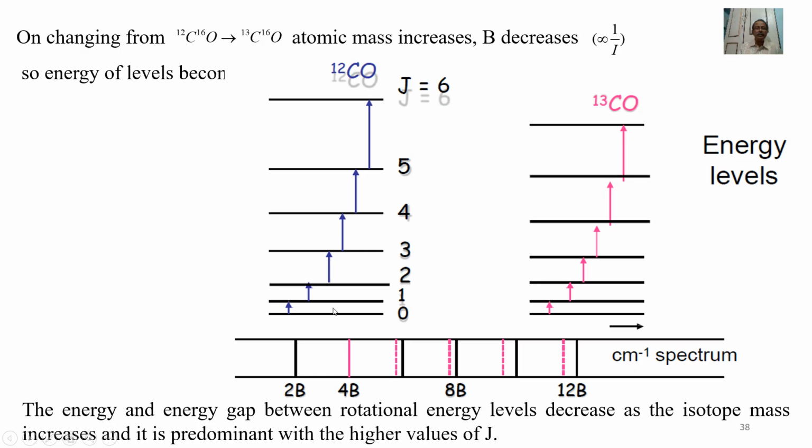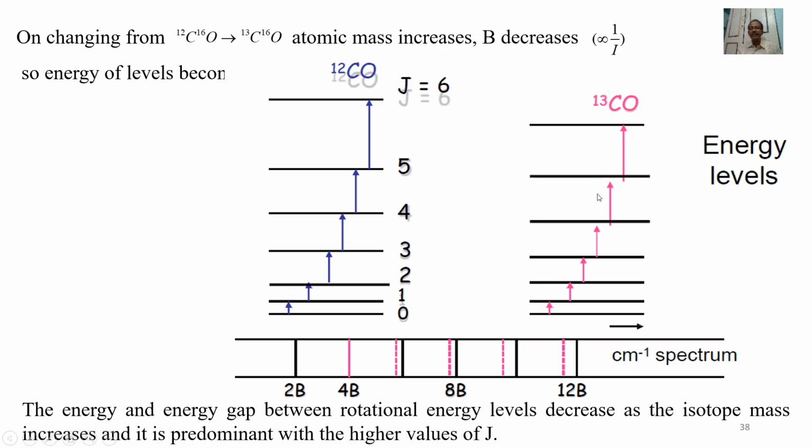Now look at the energy levels. This represents J values. When J equals 0, J equals 1 and J equals 2, there is no change in energy level. You just look over here, almost it is the same. Whereas when J increases, the separation between these two lines decreases.